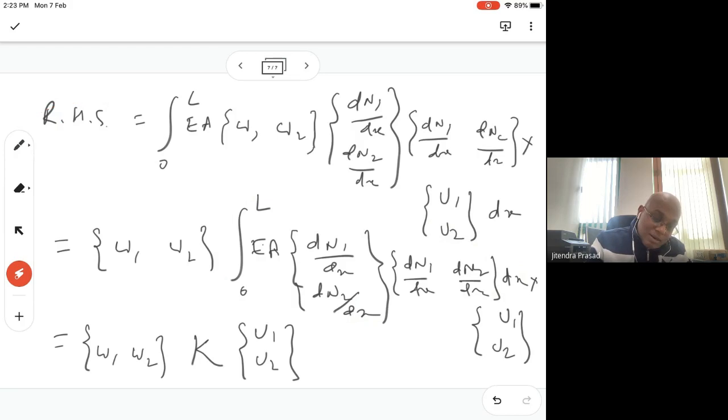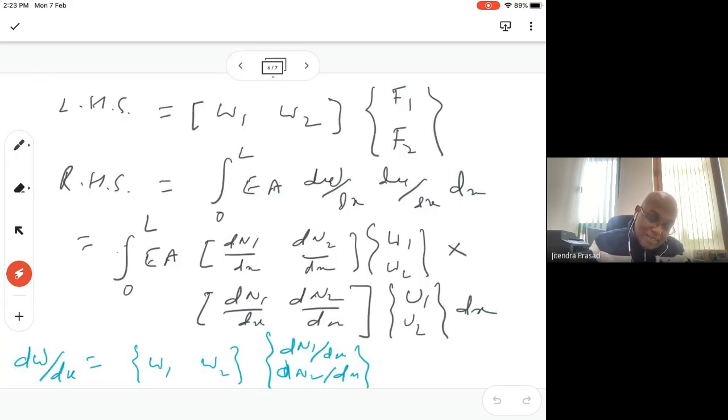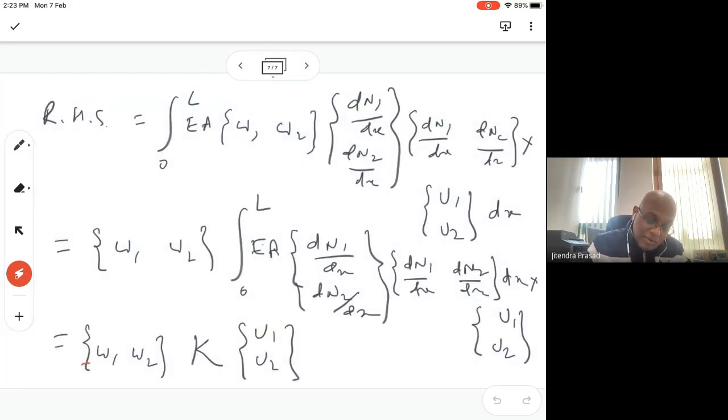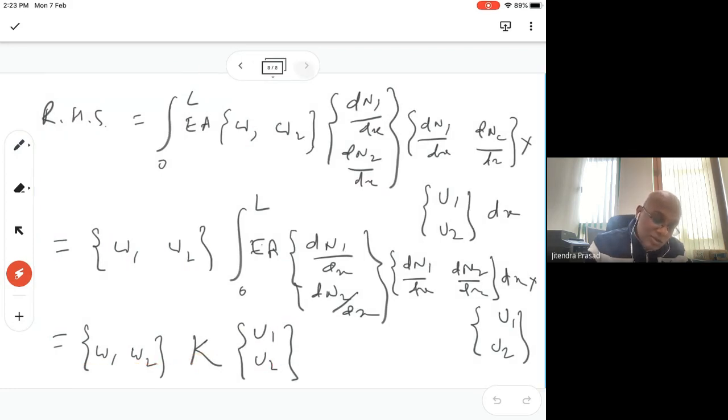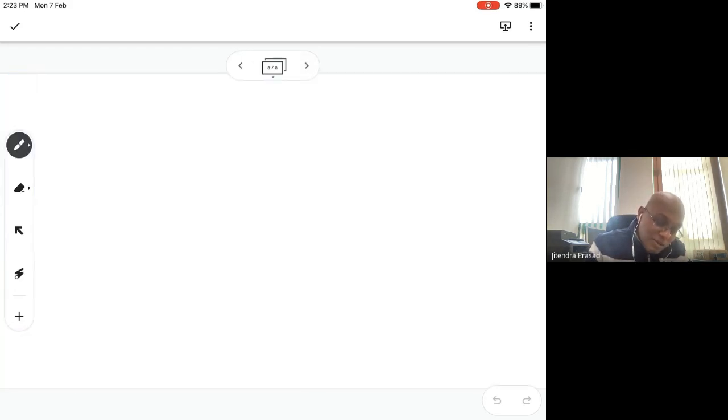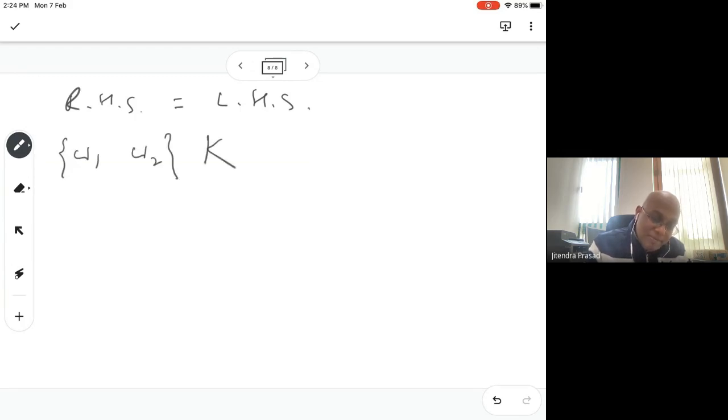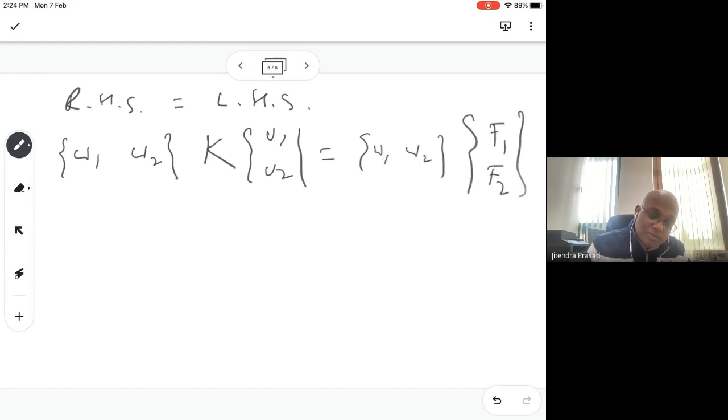Now go to the left side. We have w1, w2 times f1, f2, and on the right here you have w1, w2, K, u1, u2. So the right-hand side equals the left-hand side, and we have w1 w2 K u1 u2 equal to w1 w2 f1 f2.